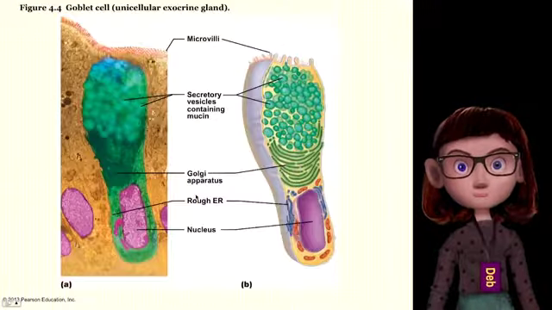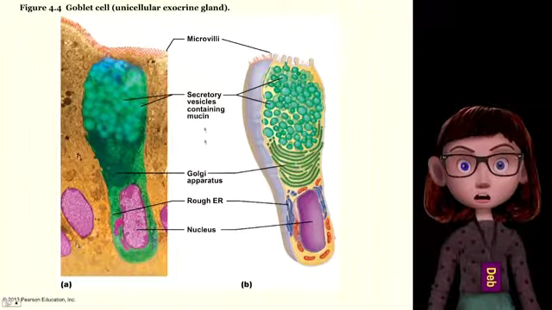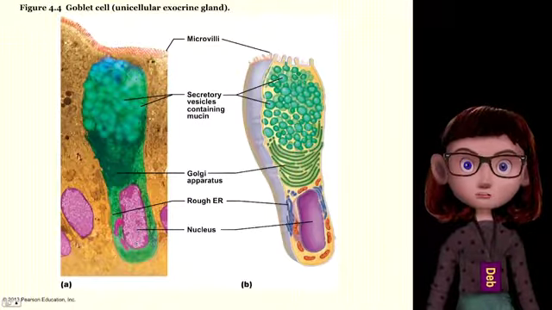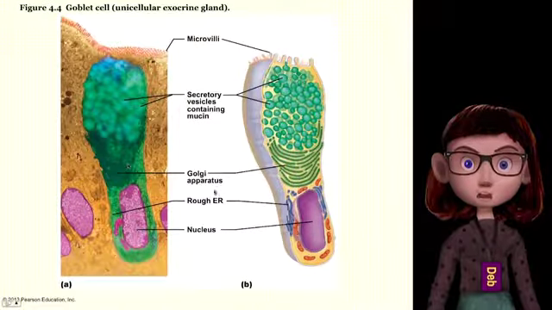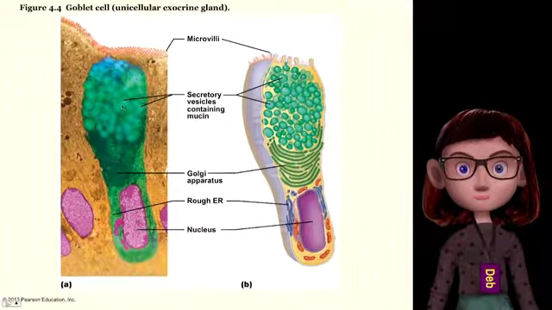M-U-C-U-S. And this is a picture of a goblet cell, and this is actually an electron micrograph that has been colorized. It's one cell, it looks like a little goblet. And then here you can see the nucleus. These are the various little cellular organelles they're showing you. But up here, these are little vesicles that contain mucin.